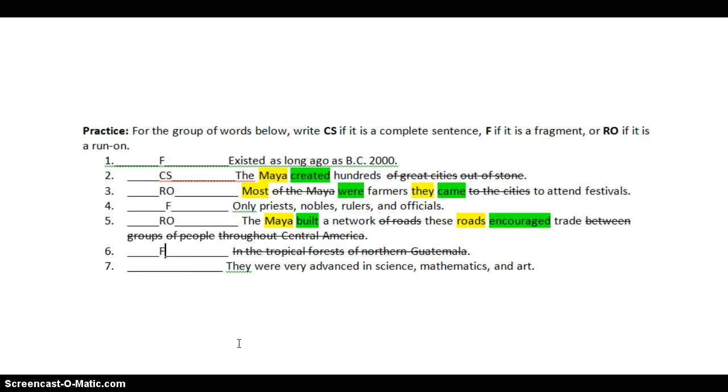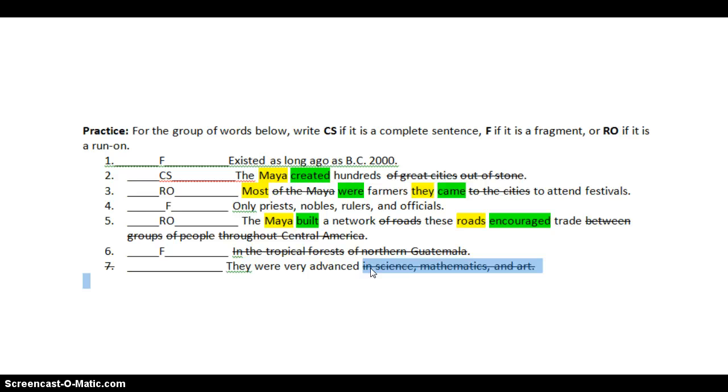Number 7, they were very advanced in science, mathematics, and art. All right, so what I notice is that it's actually going to be in science, mathematics, and art. And if you remember, in is a preposition, and when I do my prep phrases, the noun or pronoun at the end of the prep phrase is always the object of the preposition, or OP.